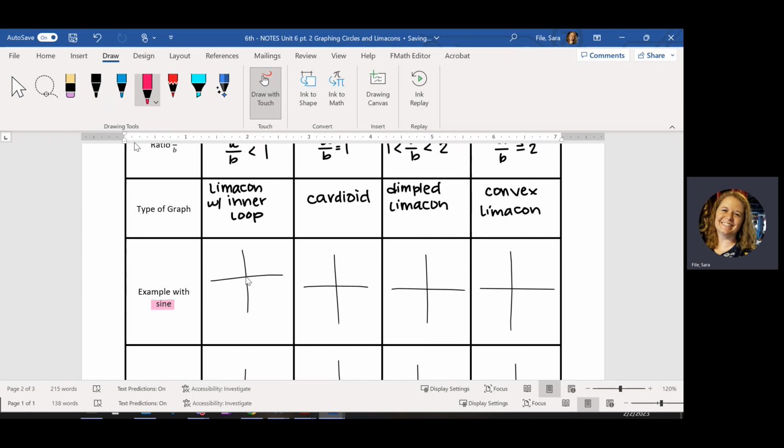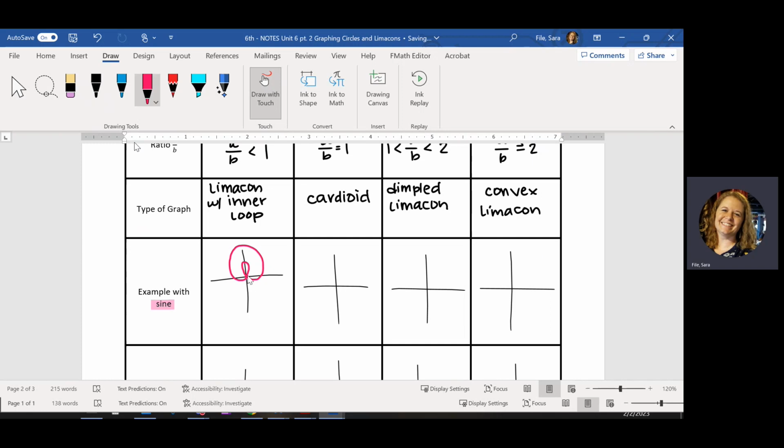So it's going to have like this small loop inside of this bigger limacon. Now, all of these limacons are symmetrical. Okay, they all have line symmetry if you were to cut them in half. I'm freehand drawing them, so they may not look perfect, but they should be symmetrical.